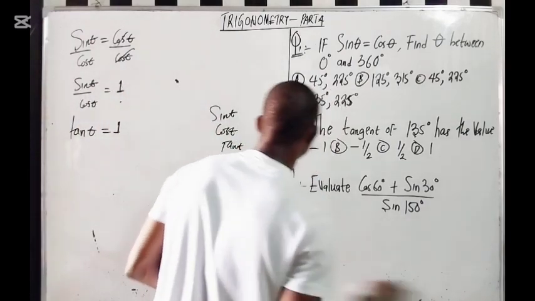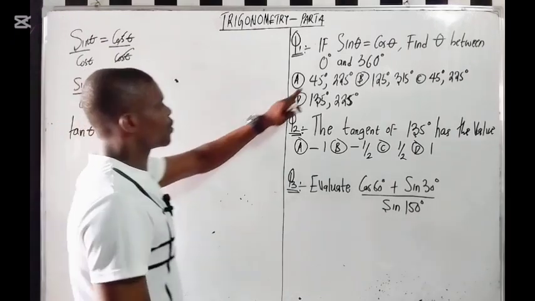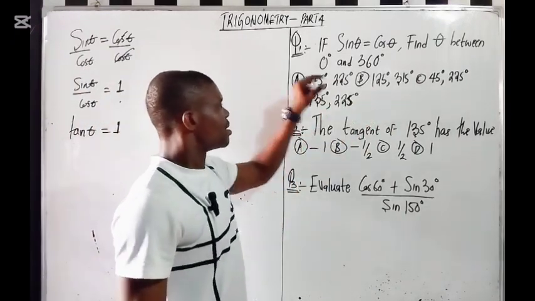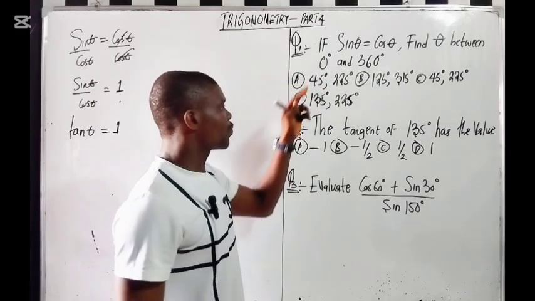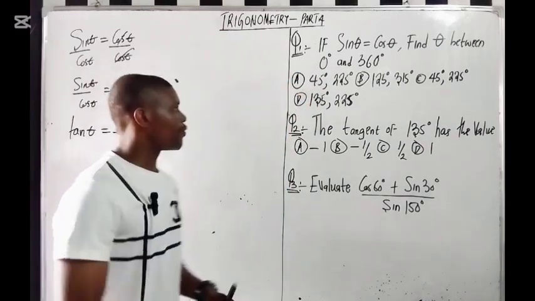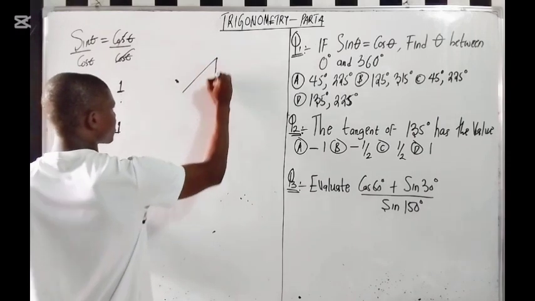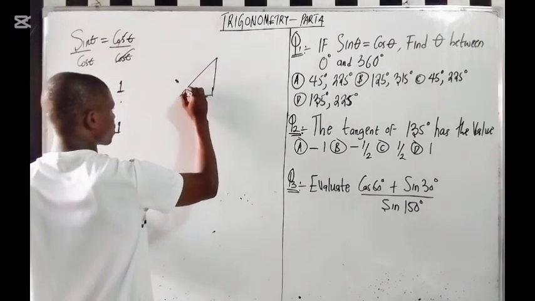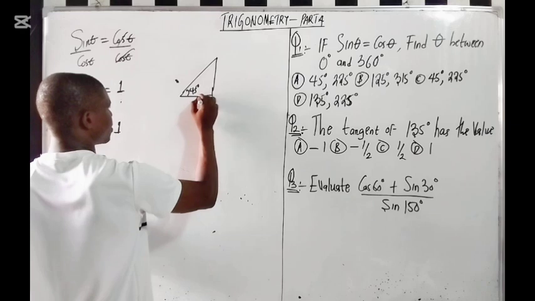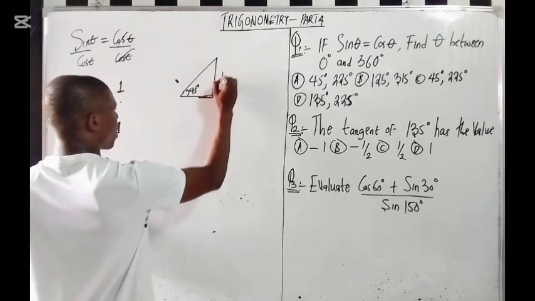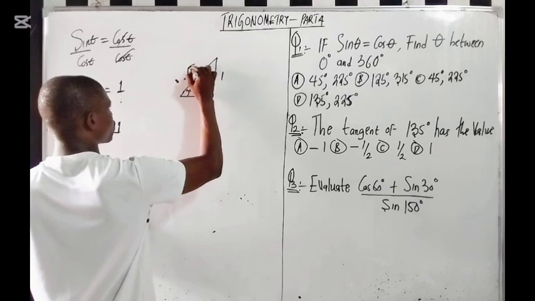If you look at angle 45, because you can see 45, 45, and 45. Once you look at the options here, the lowest angle is 45, so let's look at angle 45 first. Here we have 45 degrees, and here we have 1, square root of 2, right?